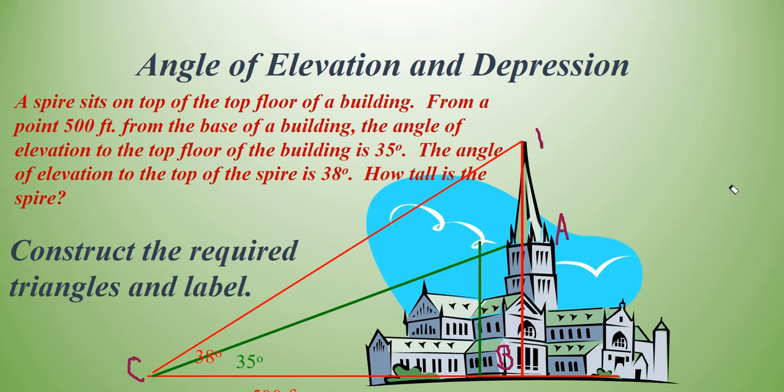Let's go to D. Solve triangle DBC: tan of elevation angle 38 equals DB over 500, the distance between the top of the spire and the base of the building. If we subtract DB minus AB, we get DA. DA represents the height of the spire.